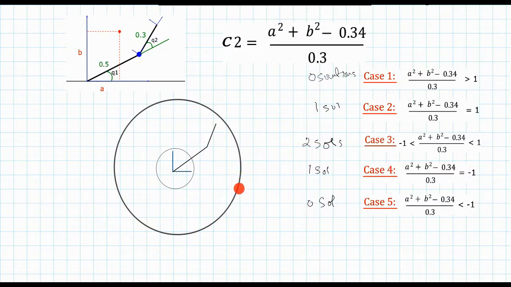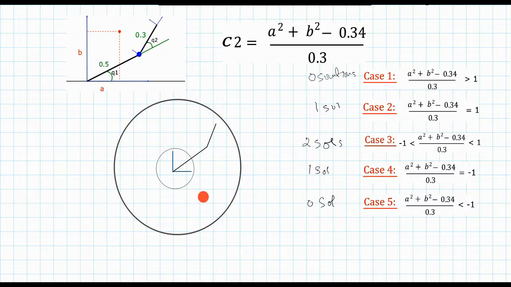On the boundary of this outer circle, the bigger circle, only one solution exists. And the only way for the robot to get there is to fully stretch out. Between these two circles, we have 2 solutions for each point. For each point between these 2 circles that we want to go to, we have 2 possible solutions. There are 2 ways for the robot to get to every point.